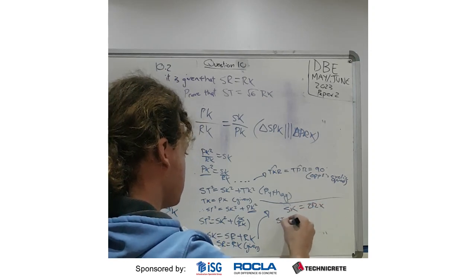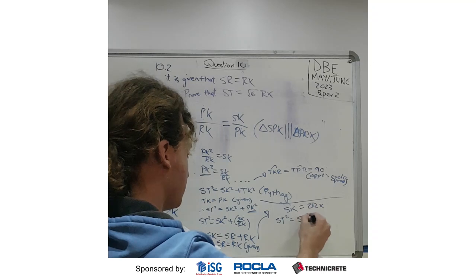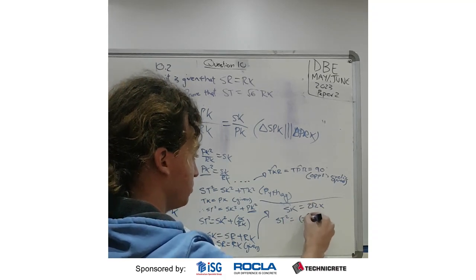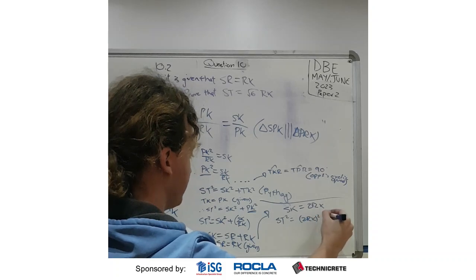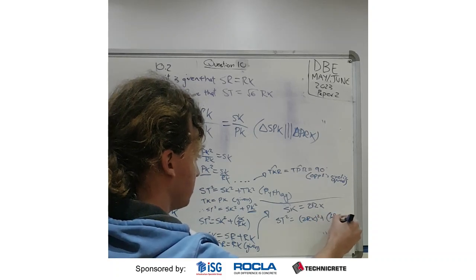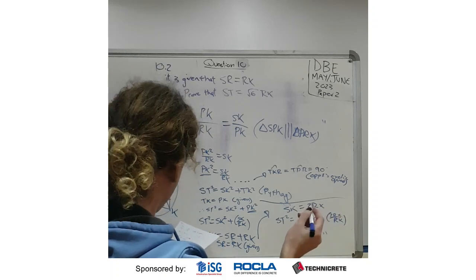Now, ST squared is equal to, let's place 2RK squared plus 2RK over RK.